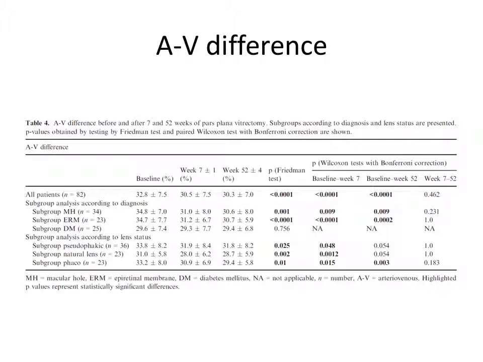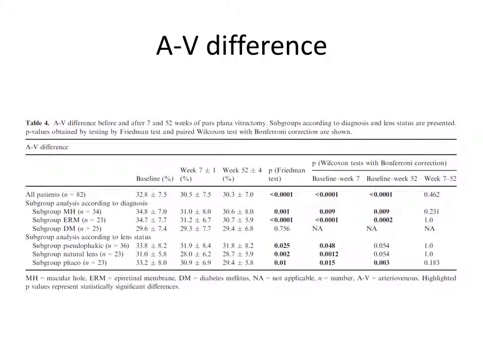So we can clearly conclude that the diabetic patients have a little bit different physiology or a little bit different changes of saturation after pars plana vitrectomy. And what is interesting, if we look at the differences according to lens status, in these AV differences there is in almost all cases the very same situation.